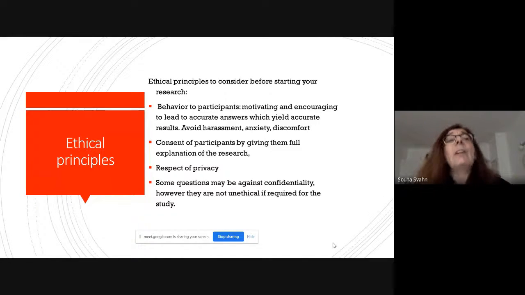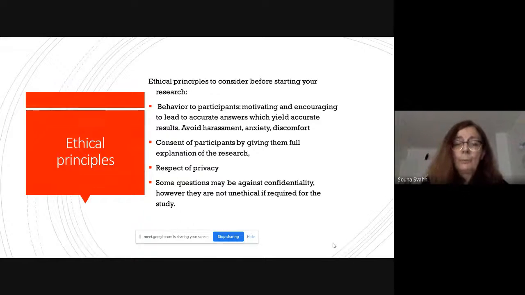After, we have the confidentiality. Confidentiality, you know, in this world, we have many ethnic groups, many religions, many genders, different genders. And sometimes they say in a research, we cannot ask this type of questions.